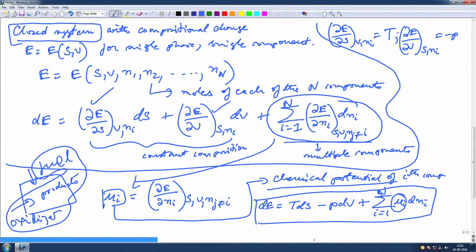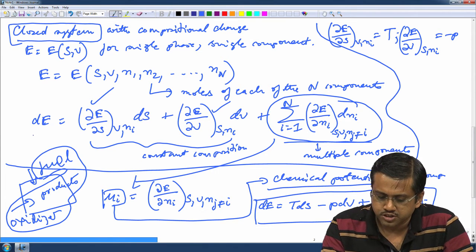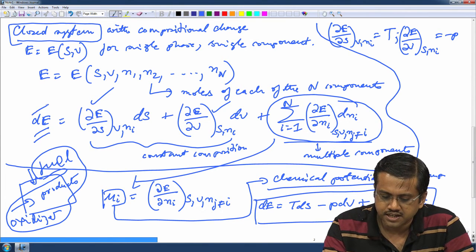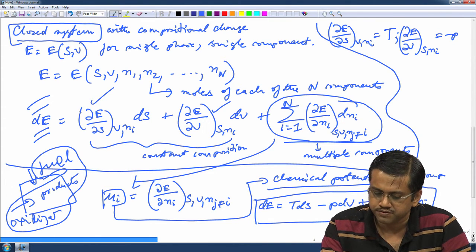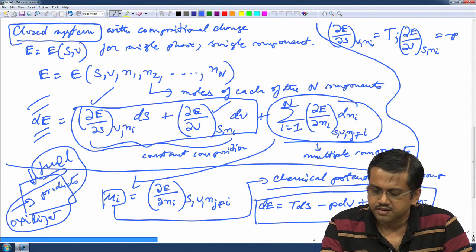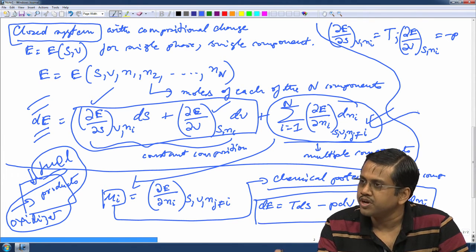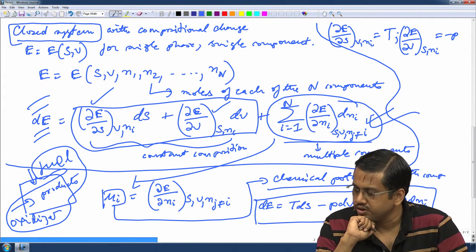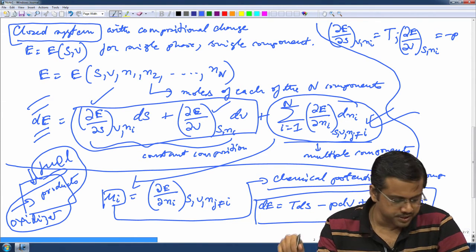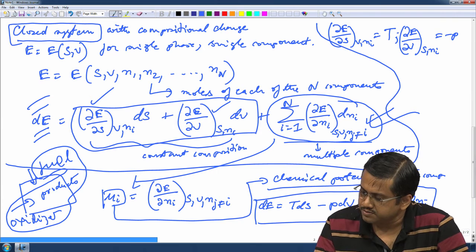Now, to analyze that particular problem, you need to see that the change in internal energy of the system is not just given by the temperature and the pressure, I mean the first two terms, right. It is also given by the chemical potential and the number of available moles of each of the components. Okay. So, that is the expression that we developed in terms of internal energy.